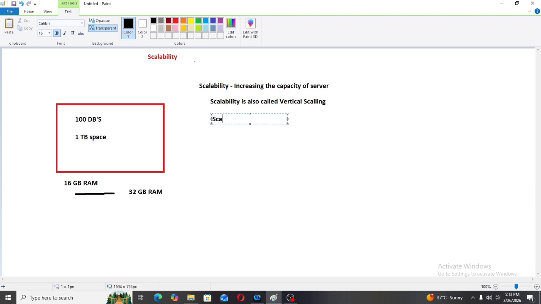Now what is an instance type? Instance type is the combination of CPU and memory.